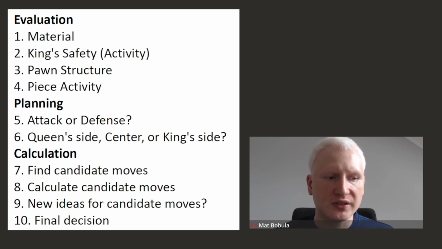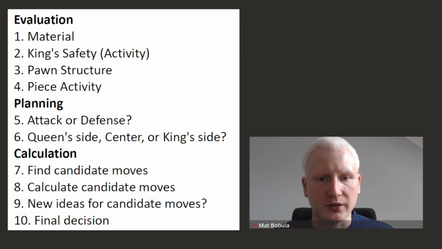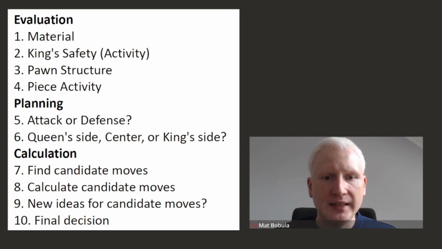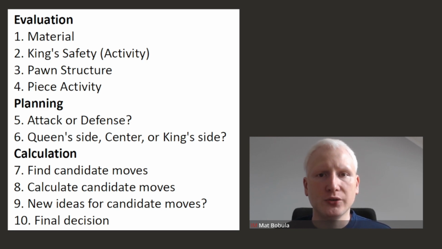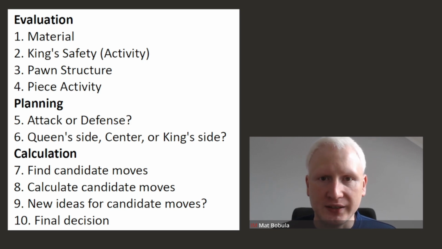So you just need to ask yourself, do I miss any candidate move that is worth considering or not? And if there is something, you just calculate it. And in the end, once you have calculated your original candidate moves, considered some new ideas, and judged every move, of course, you are able to make a final decision.